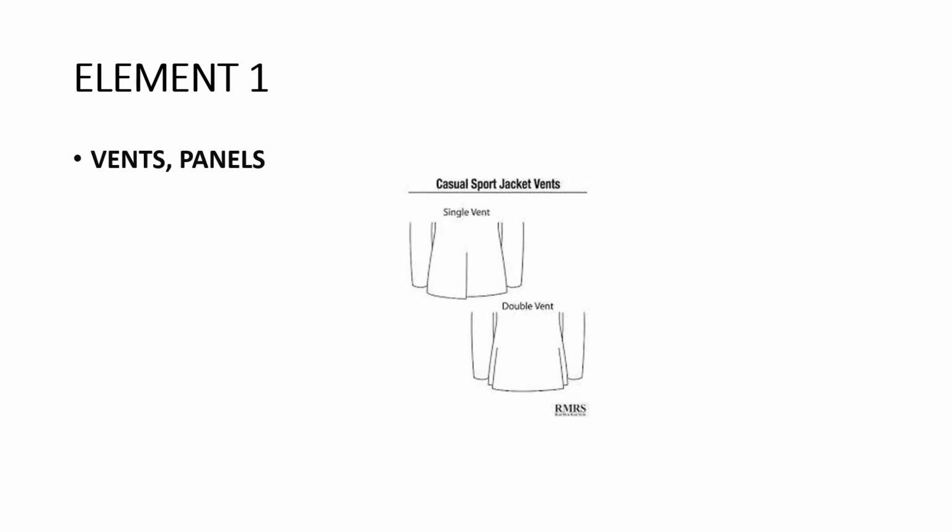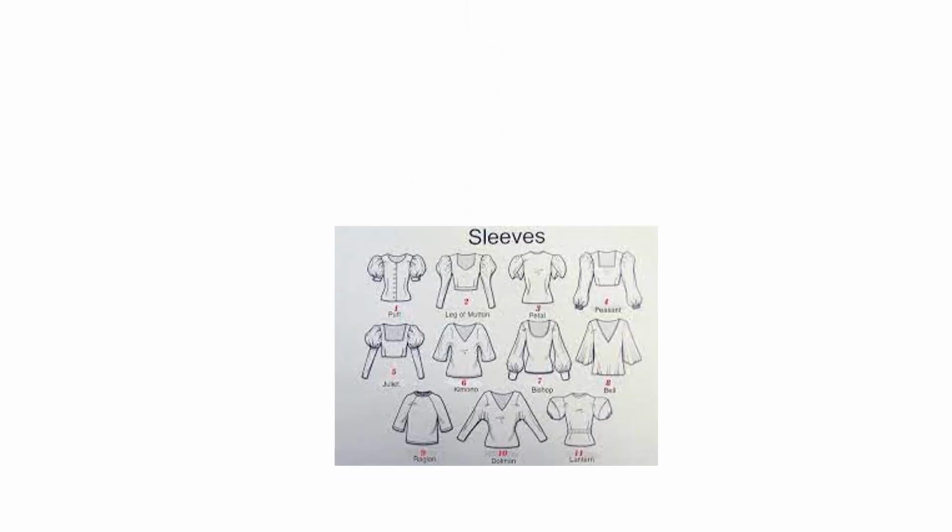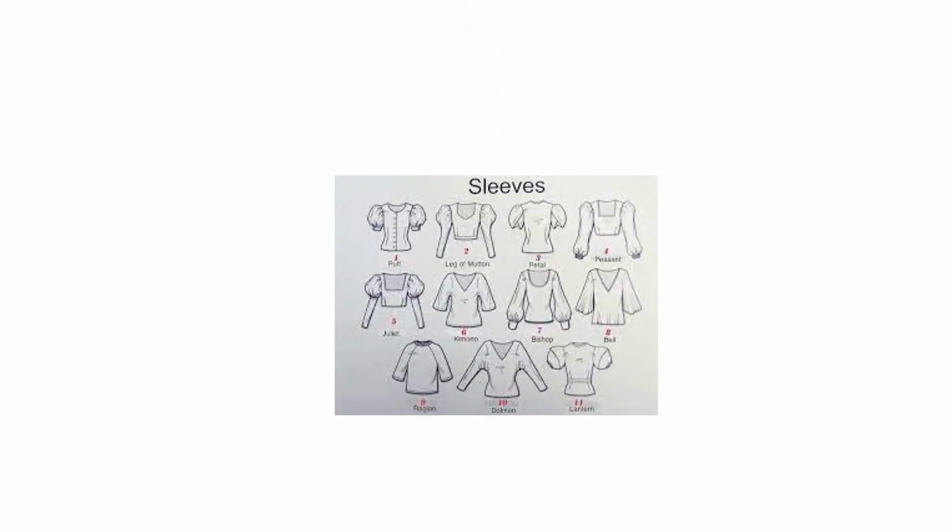Now in this element we also talked about the vents and the panels of a particular apparel product, as shown in the figure. It also includes the sleeves. You can see the different sleeves of a particular style. So this also comes under element 1 in the specification sheet.